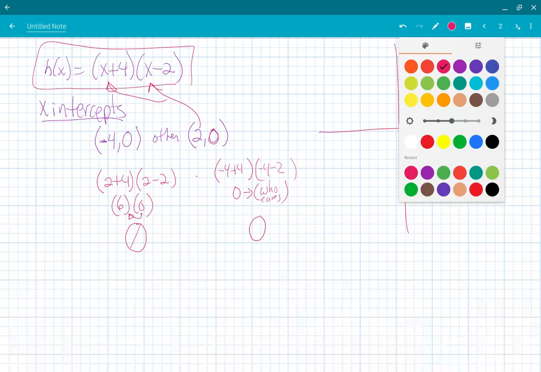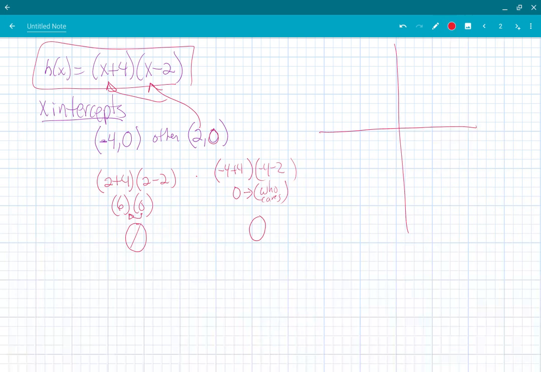One of them is going to be at -4, and the other one's going to be at 2. So that gives x-intercepts.